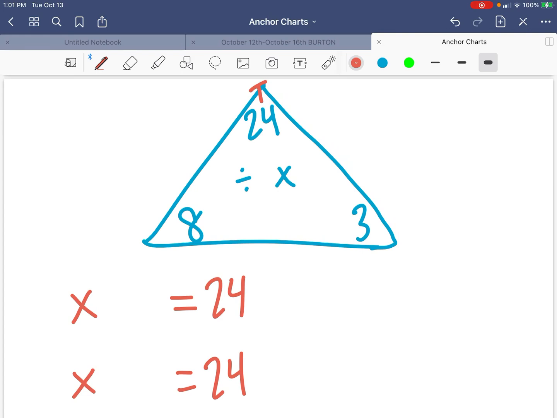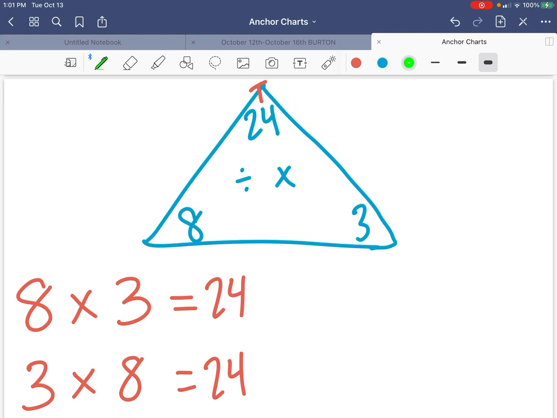That's always what your equal sign is going towards. The other two numbers are 8 and 3. So I can do 8 times 3 equals 24, and I can flip those and say 3 times 8 also equals 24.